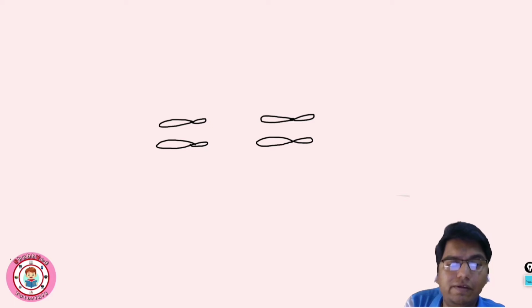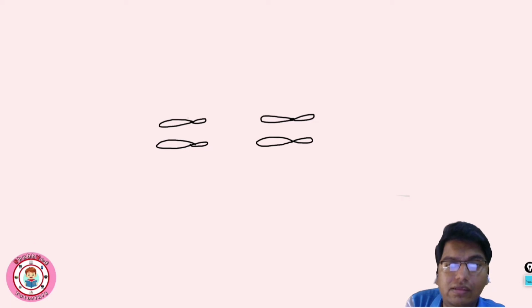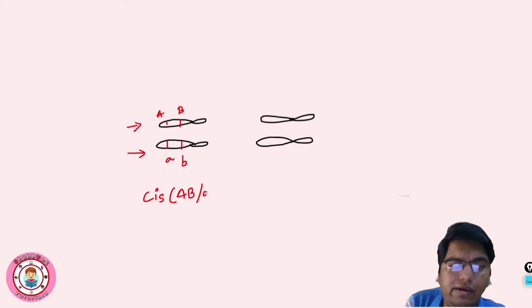See, we know these are the linked genes, as well as here, these are linked genes: capital A, capital B, and small a, small b. So this type of configuration is known as cis. Okay, cis. This is known as cis.